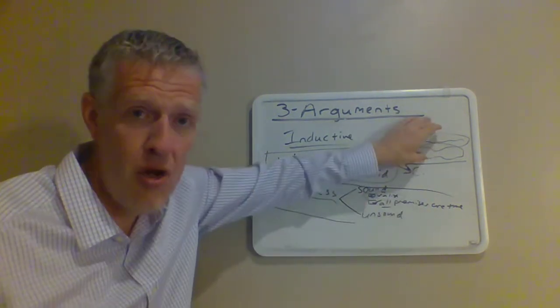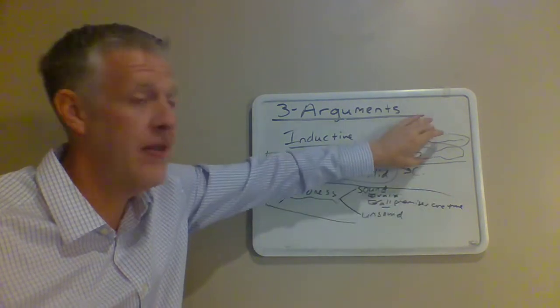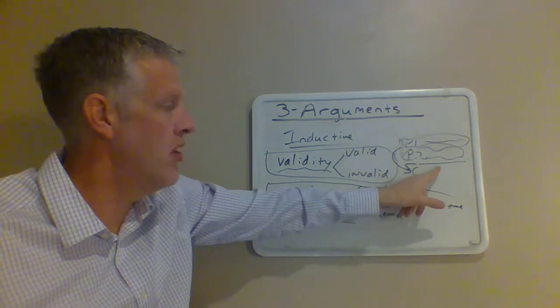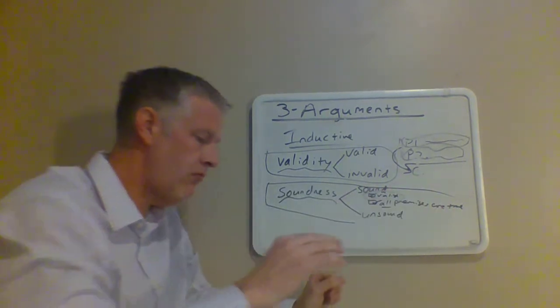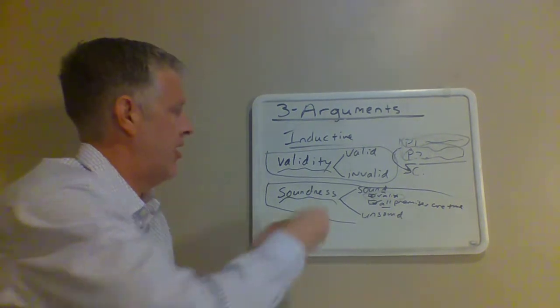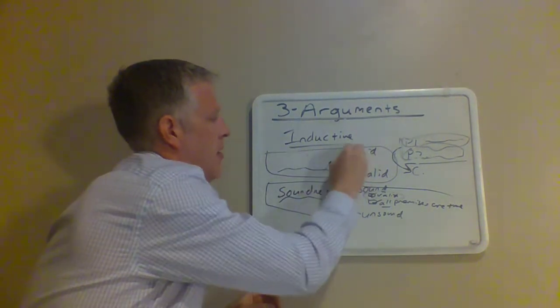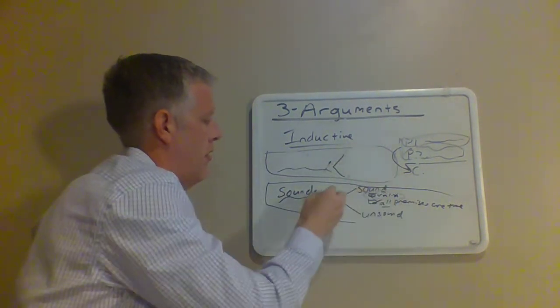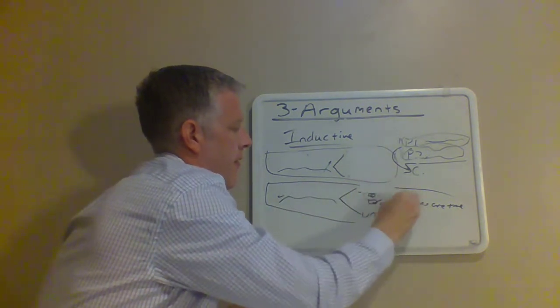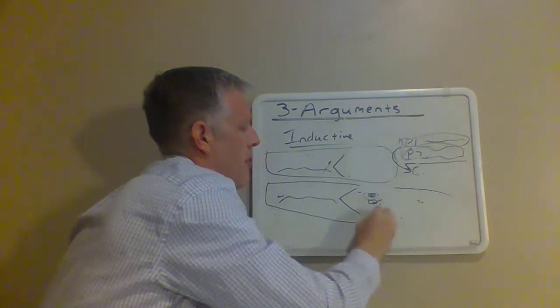No matter how strong of an inductive argument it is, insofar as it's inductive, there's always that possibility that this isn't going to be the case, because that element of necessity is missing. So when it comes to inductive arguments, we want to erase this. But there's a lot of similarities, as we'll see.